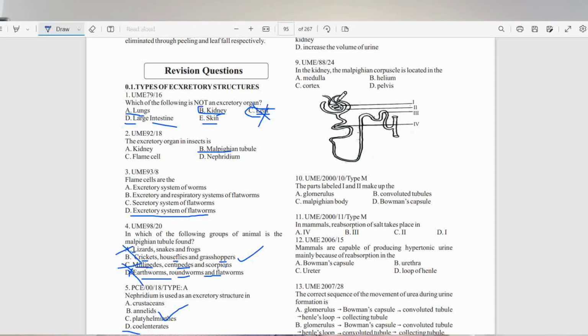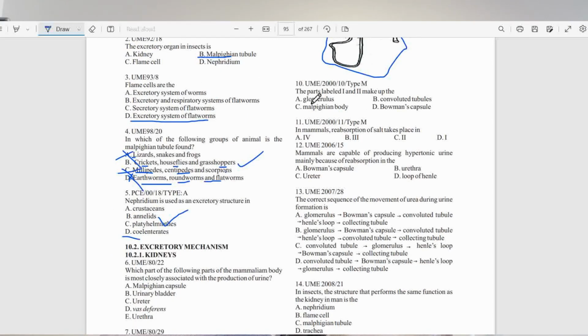We have the cortex and we have the medulla. So we have all of this in the cortex, and we have the remaining part here in the medulla. So the answer to that question is C.